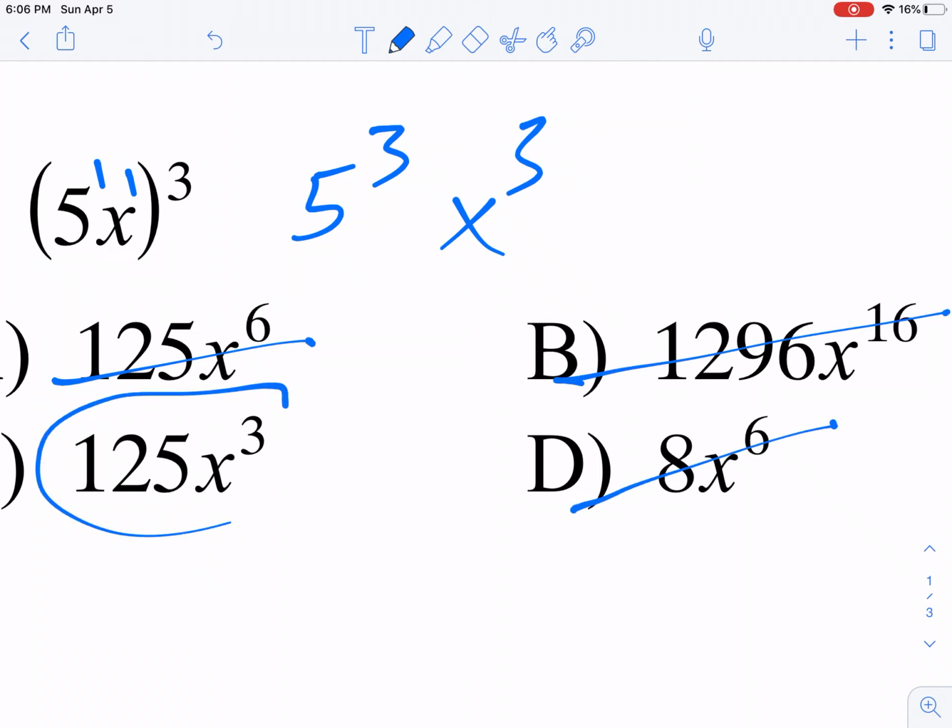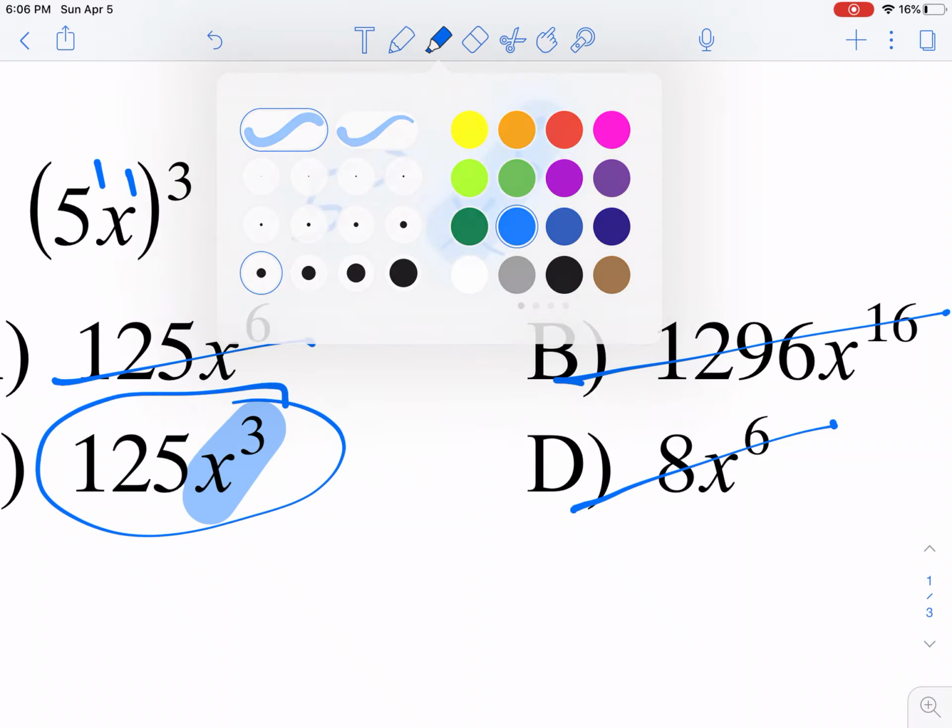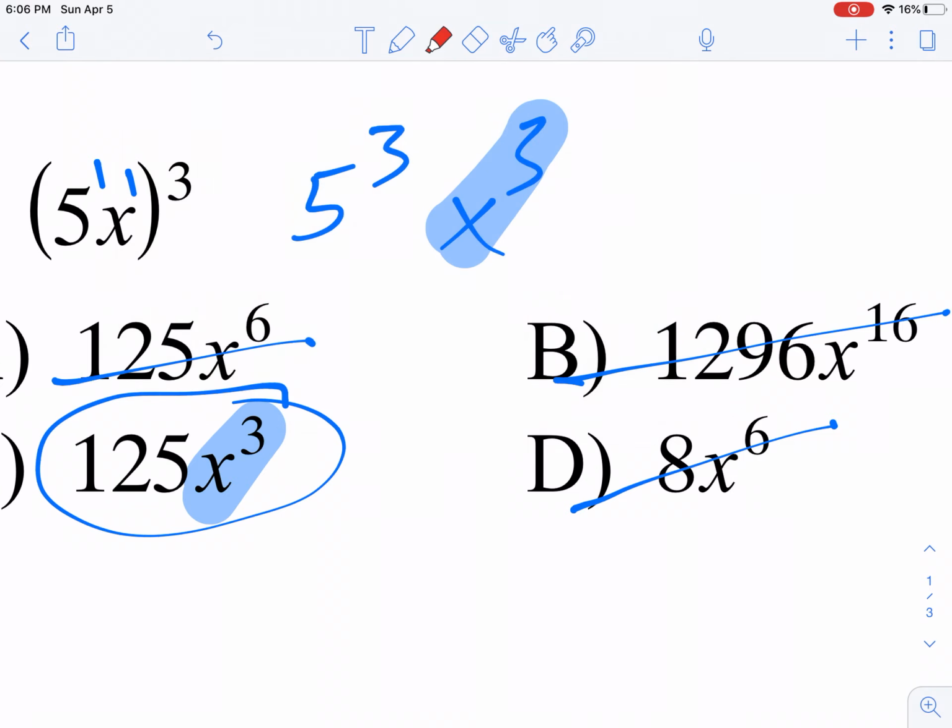It has to be this one. And the only reason I know that is because this is x to the 3rd, this is x to the 3rd. Now, sometimes it'll come out to where you have 2 that have x to the 3rd, and then you have to figure out what the 5 to the 3rd is, which happens to be 125. Because 5 times 5 is 25, times another 5 is 125.